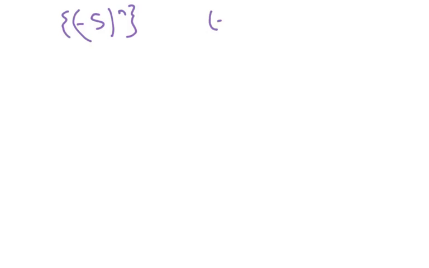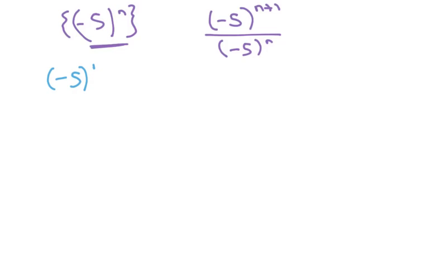We're going to take -5 to the next term over -5 to our current term, and use your quotient property of exponents and subtract the powers from each other. And this is going to give you -5 to the first power. So this is how you get your r. That's your r. Then I'm going to use my sequence and find my first 4 terms.